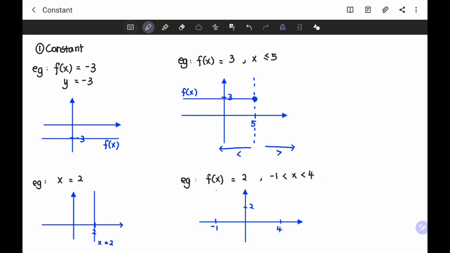Okay, ini syarat kepada graf tu. -1 sampai 4 sahaja. So graf kita tarik daripada -1 sampai 4 je. -1 sampai 4 ni dia tak ada sign equal. So dia open. Saya open. Okay, ini kalau dia ada condition. Then kita label graph this one f(x).